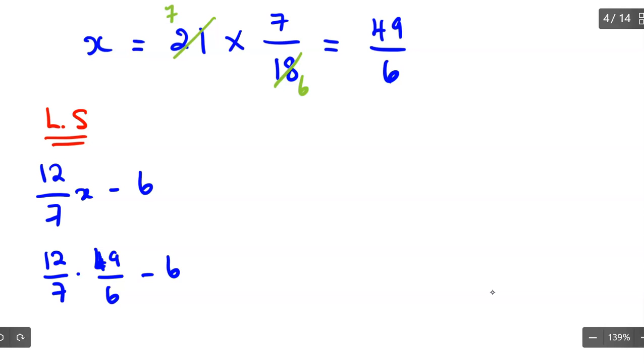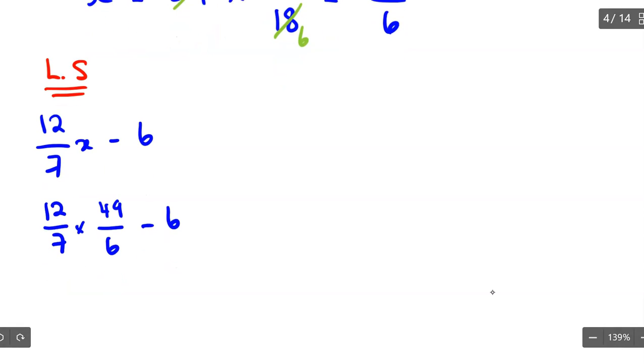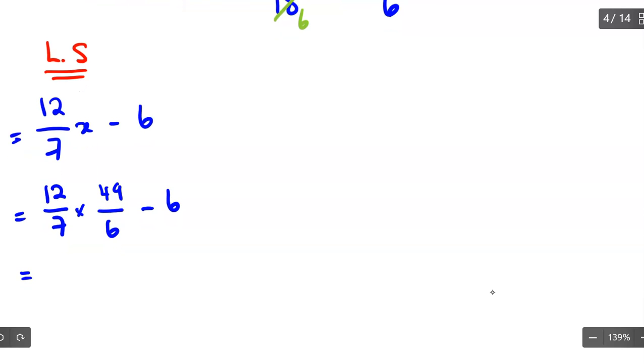In this case, you must perform the math correctly. I multiply the two fractions first. So this 2 cancels out with that, and 49 divided by 7 gives me 7 left. So I will get 14, and then subtract 6. So the answer is equal to 8.